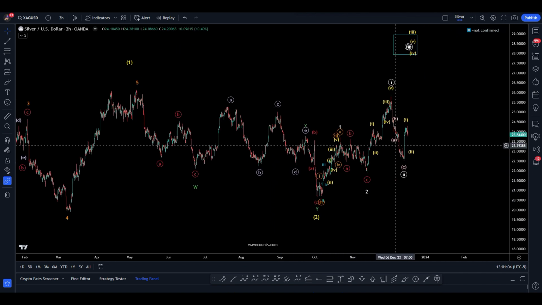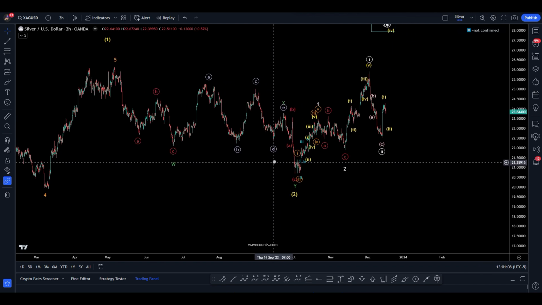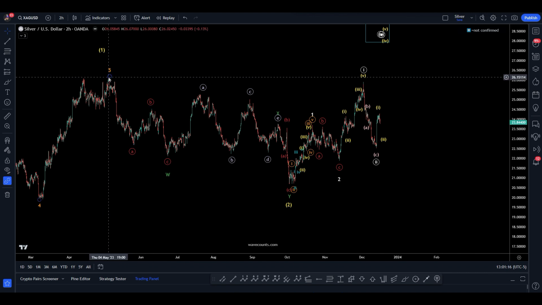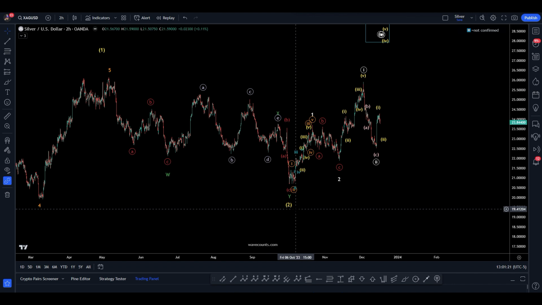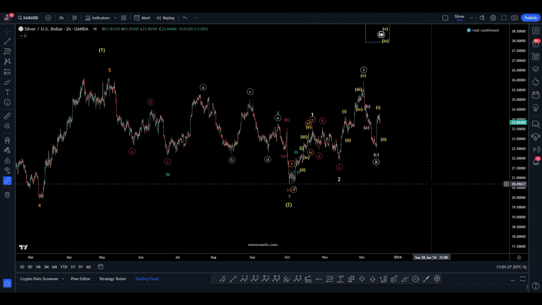You'd essentially be looking for a regular flat in this case because you did not break the top of this, which would be your A wave. So this wave 2 would be your A wave, B wave, and then you're looking for 5 down, which would end somewhere around $20, maybe very slightly beyond.